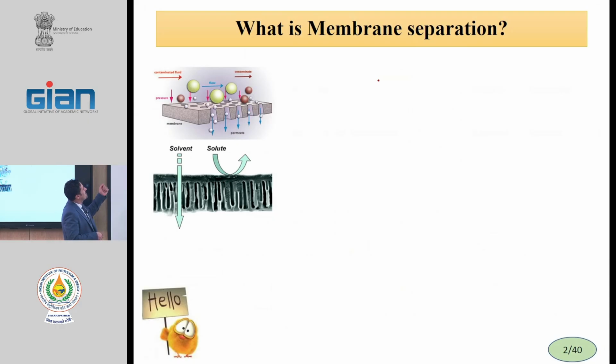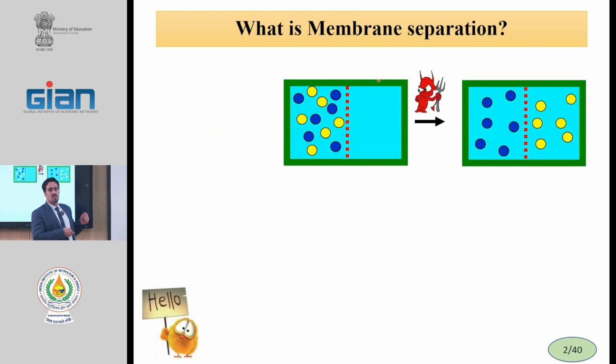This is a simple picture of the membrane. You see that the small molecules can pass and the big molecules cannot pass. But this separation, in most cases, is not complete. We do not have complete separation of a species.